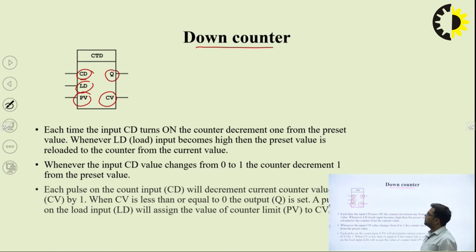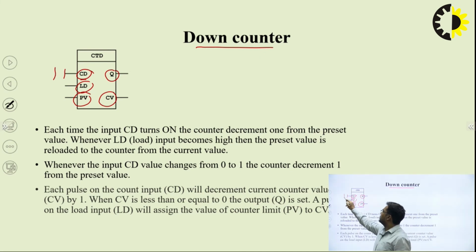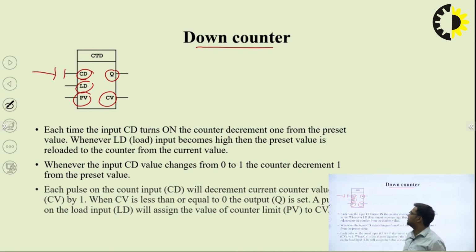So when the input is activated, meaning given to the system, it is CD. Let's suppose the preset value is 10 in quantity, for any process, like we want to have 10 vehicles in a parking lot. At night, the vehicles go back to their places.